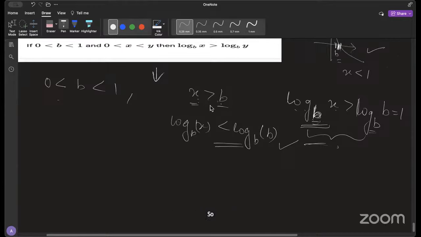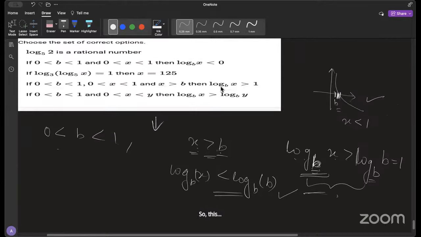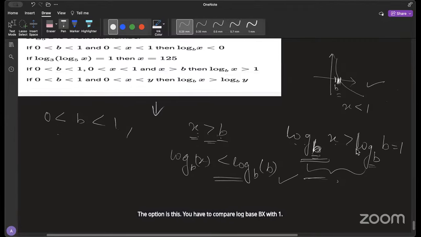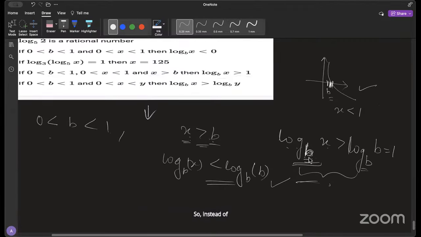So the option is this. You have to compare log base b x with 1. So instead of 1, because your base is b here, you can compare it with log base b b. That's 1, right? That means you have to compare these two things. And because your b is between 0 and 1, that means your log base b is a decreasing function.